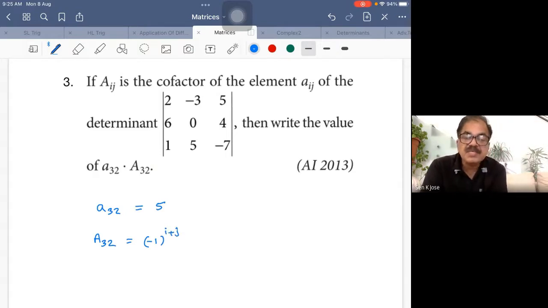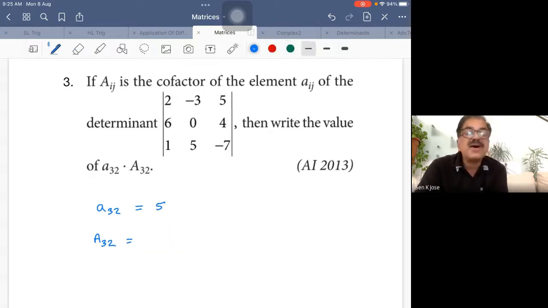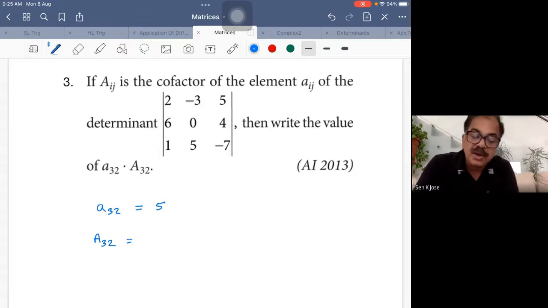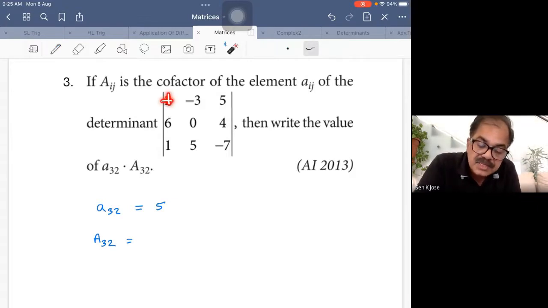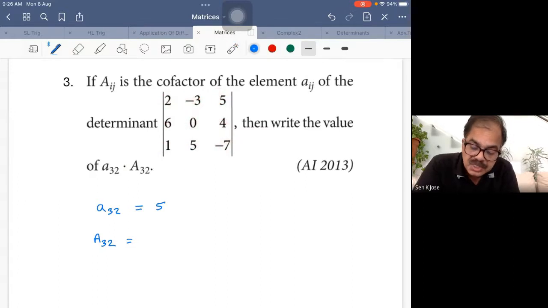I plus j means 3 plus 2, so minus 1 to the power of 5, which is minus 1 itself. You could count and get it as well: plus, minus, plus, minus, and so on. So the position sign is negative, into its minor.